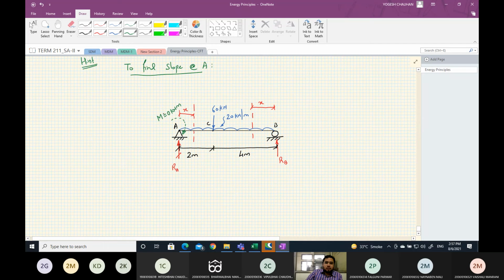Later on you substitute the value of M equals 0, but to formulate the equation of moment you have to consider there is a moment M acting at A. So you will get the reactions in terms of M. Find RA and RB in terms of M, and then follow the same procedure we did for the earlier case.